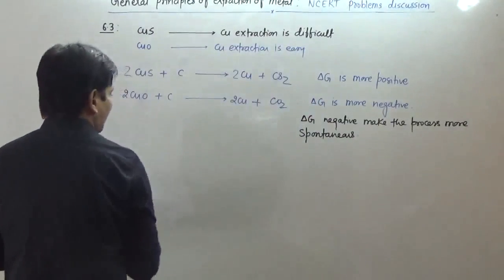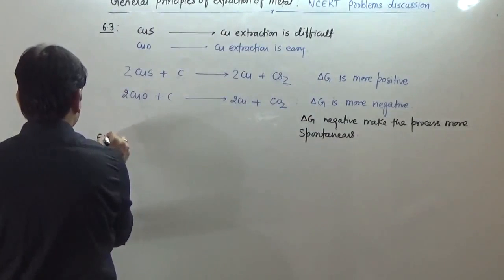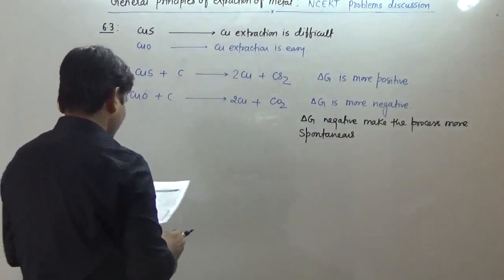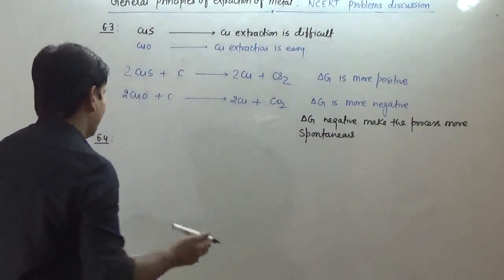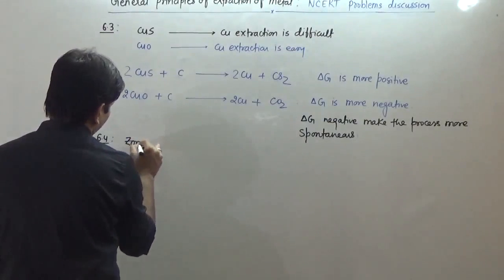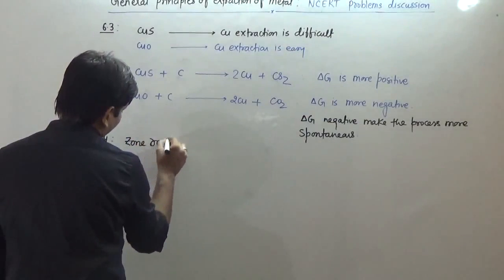The next question is 6.4, which is asking us to write about zone refining and column chromatography. Zone refining, first of all, I am writing.